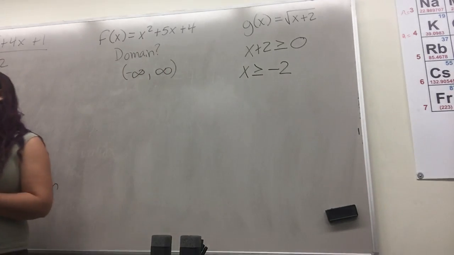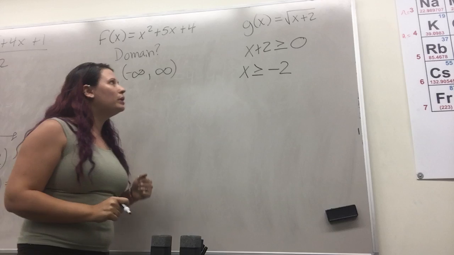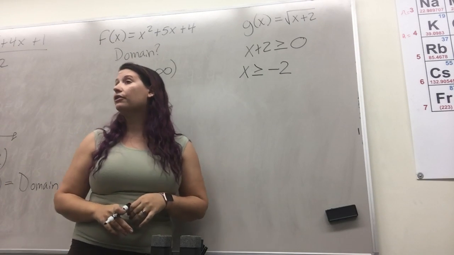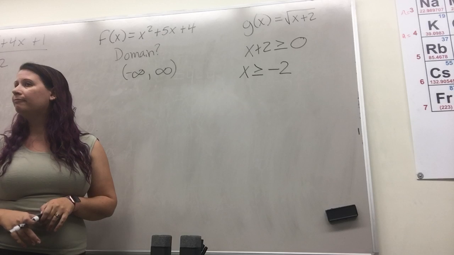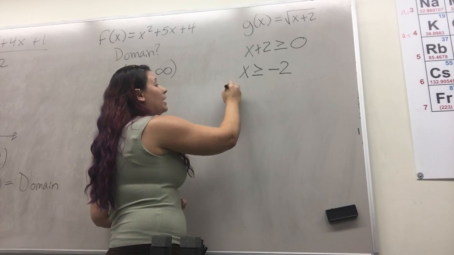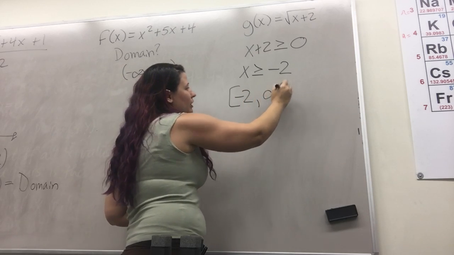Because we didn't multiply or divide by a negative, we don't have to flip. How do we write that in interval notation for the domain? Bracket, negative 2 to infinity.